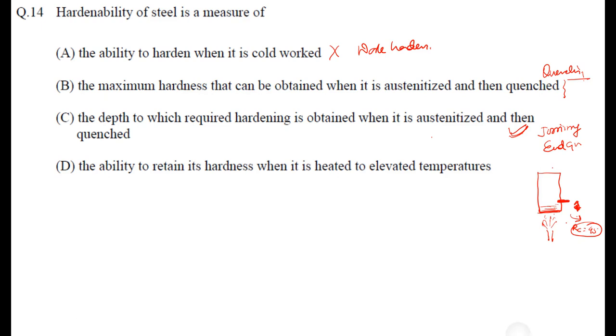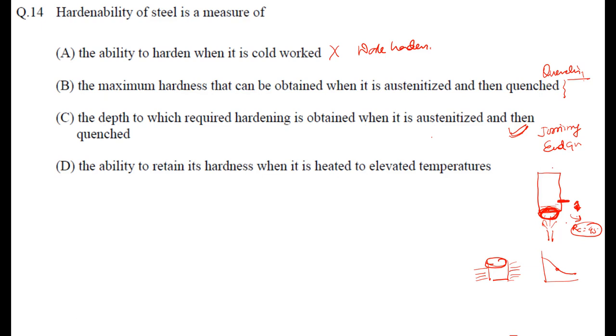Similarly, this is a diameter basically. Whenever we do hardening of a cylinder, when we spray water over the surface, the hardness will decrease from the surface, something like this.